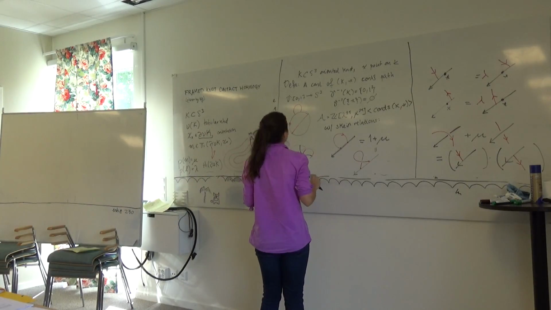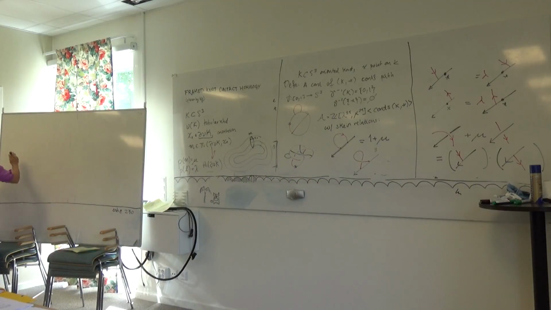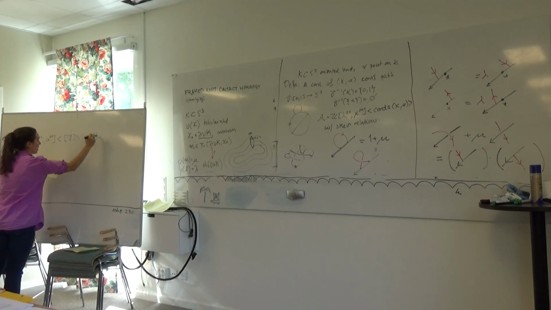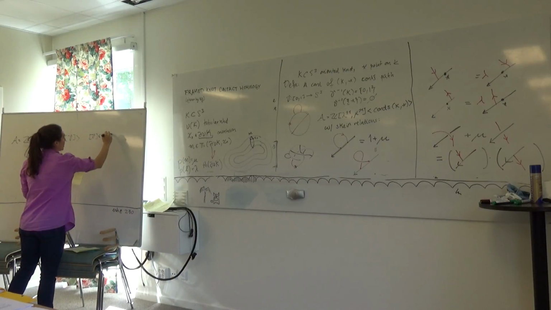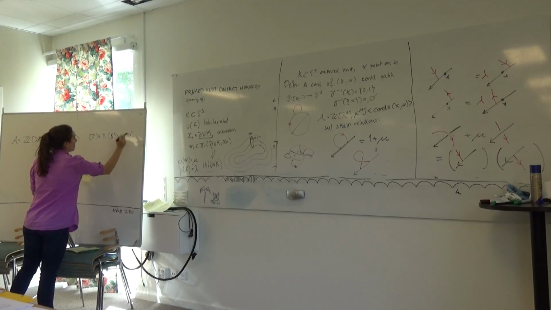Now, our algebra A, oh, I don't want to erase this, I'm going to move it right here, is going to be the algebra generated over the integers by lambda to the plus or minus 1, mu to the plus or minus 1, and the elements of pi 1 of the complement of the knot based at x0.